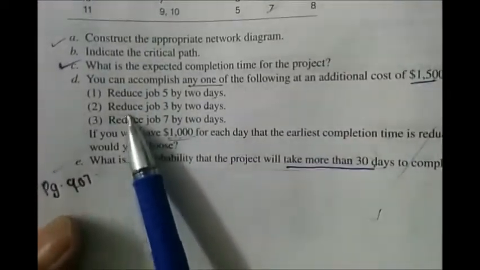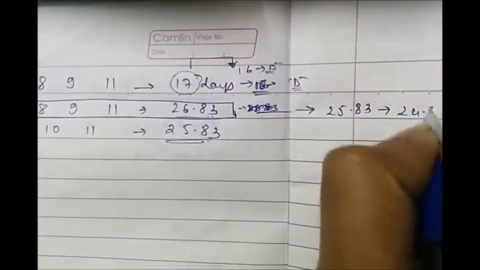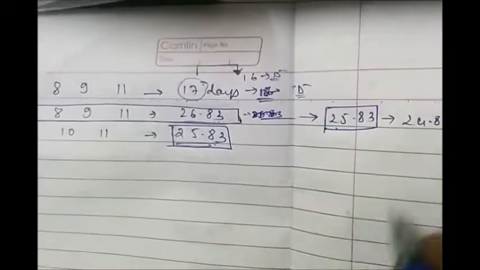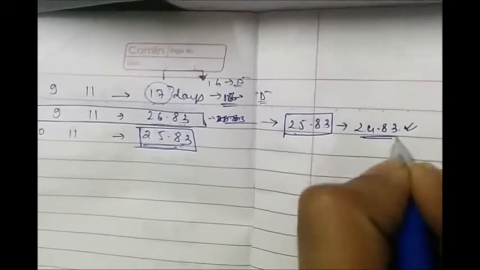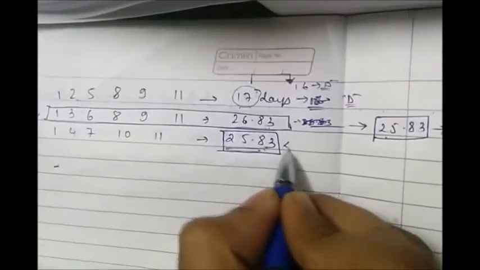Second option is reducing job 3 by 2 days. Now job 3 is lying in our critical path. So if we reduce 26.83 by 2 days, we go to 25.83 once we reduce, and then we go to 24.83. But look here, as soon as you remove one day, 25.83 appears here also. So even if you reach 24.83, the critical path becomes the third one because now this is 25.83.